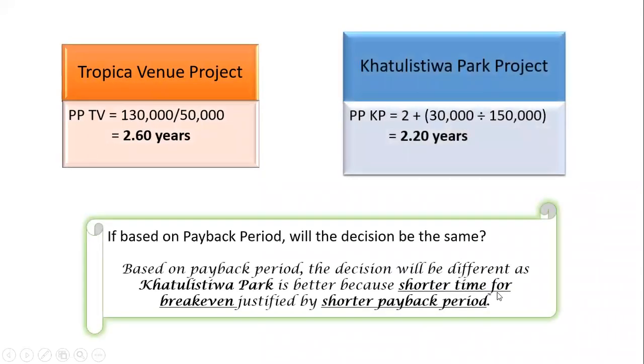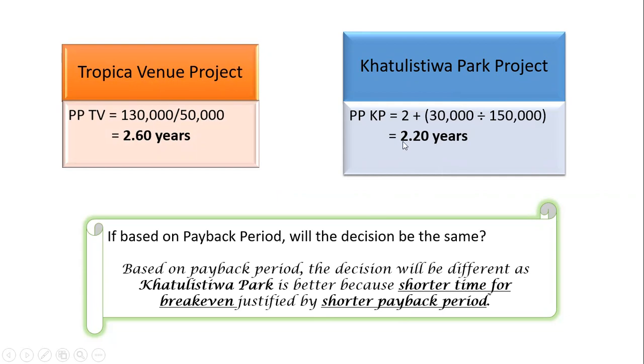Now let's compare 2.60 years versus 2.20 years. Which one is better? As for payback period, we want shorter. So back to the question: if based on payback period, will the decision be the same? We answer that based on payback period, the decision will be different, as Khatulistiwa Park project is better because of the shorter time to break even, justified by the shorter payback period.